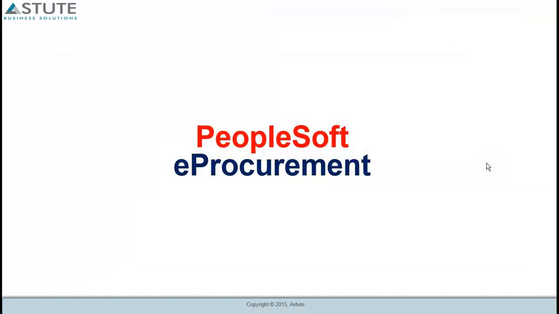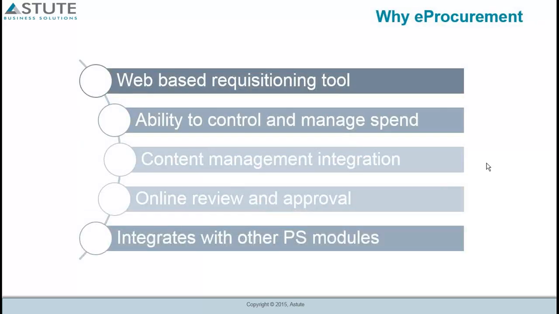So now I'm going to start with a very high-level general introduction to eProcurement module for customers who have not used PeopleSoft eProcurement. PeopleSoft eProcurement is a web-based requisitioning tool that lets users create and submit online requisitions.